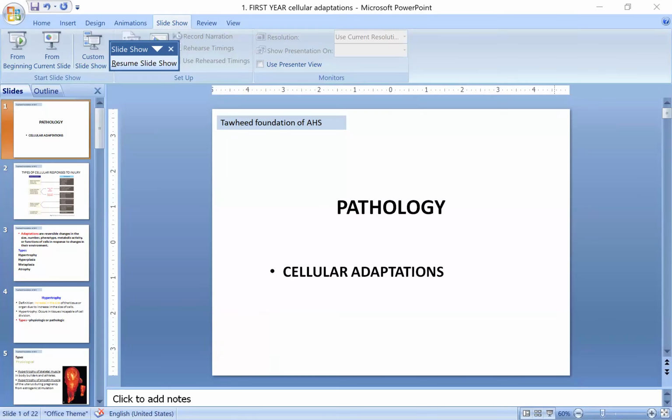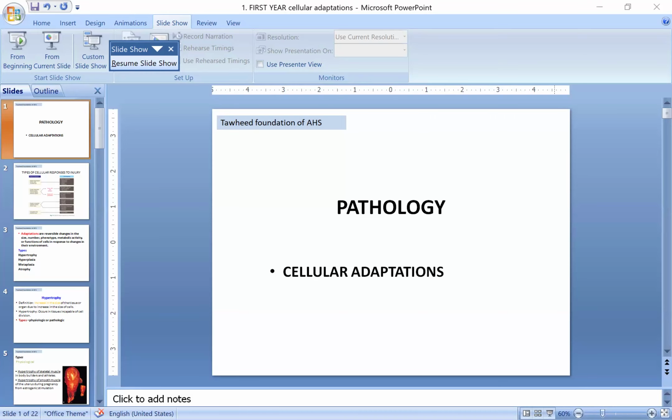So if the stress or the injury is acute, mild and transient, for example, oxygen deprivation, whenever you go beyond the level of your atmospheric pressure, like up in the sky or down into a sea, or some physical agents or chemical agents, or bacterial, fungal or viral infections, in such cases the severity of the injury will be acute, mild, and transient.